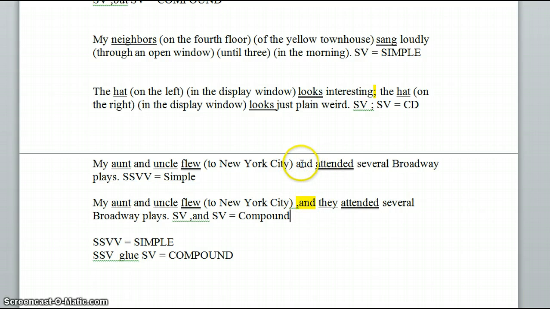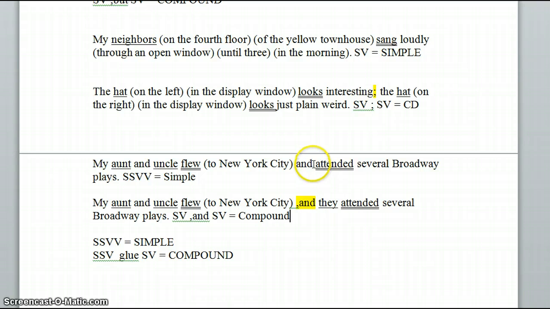If you have "and" and it rolls into a second verb, it's simple. If you have comma "and," it must roll into a subject. We do have the same verb, attended, but on this sentence, I added a subject. So this is comma and SV. This is a compound sentence. This is a simple.